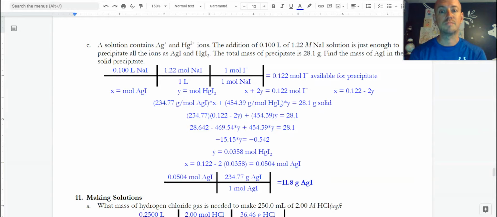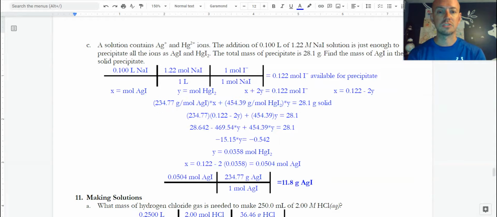So by setting these relationships, the key here is that I know how many moles of iodide were available, and I know that some of it went to one, some of it went to the other, but not in a 1-to-1 or 1-to-2 ratio necessarily, but just in some random ratio. But there was also a relationship in terms of mass that does connect to moles by using the molar masses.